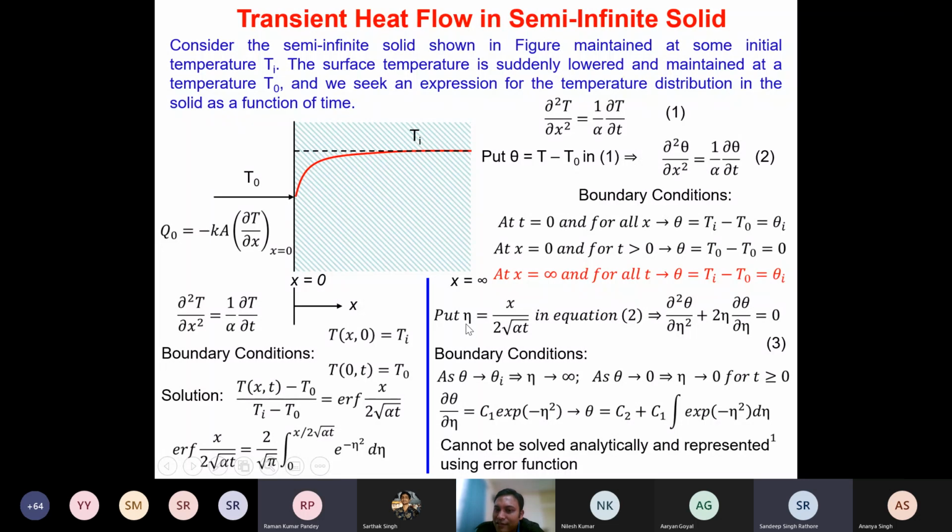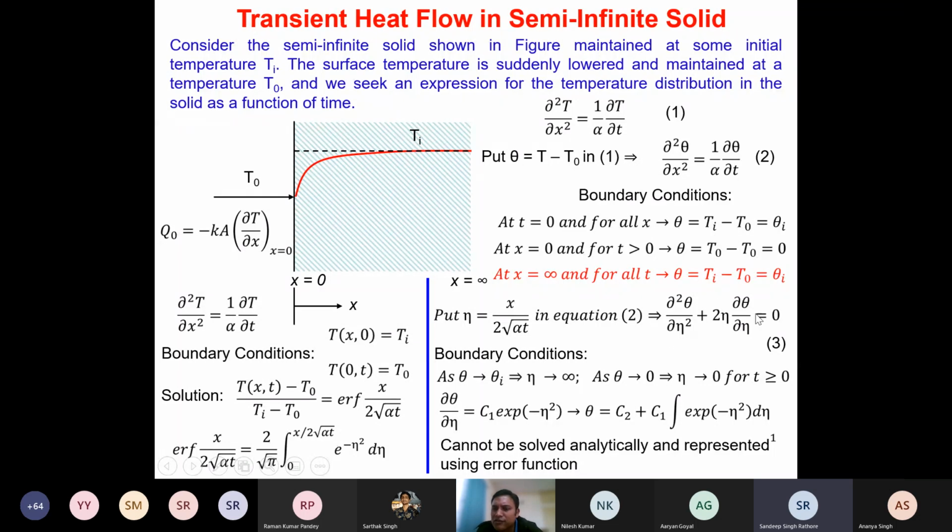Yes, sir, got it. So for both these conditions, you get eta equals to infinity. That's why we say that at eta tends to infinity, your theta is theta I. Make sense? Yes. Okay.